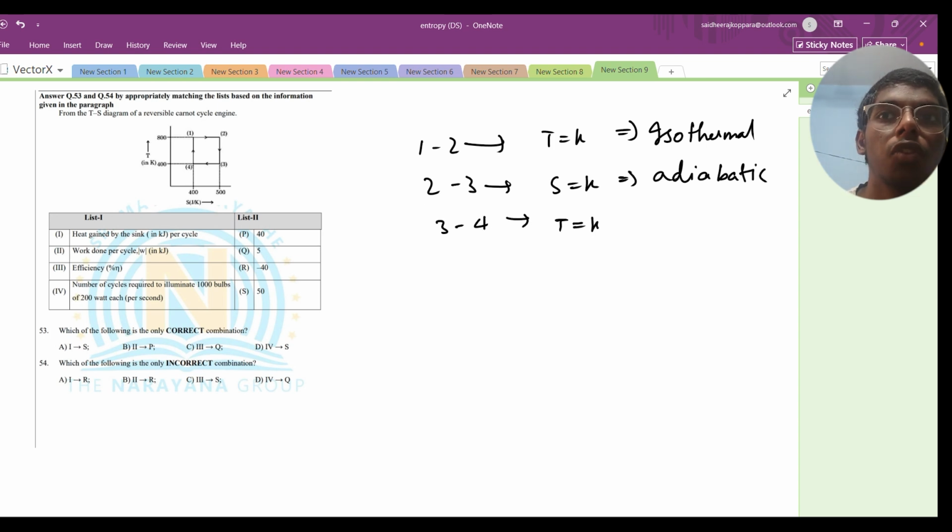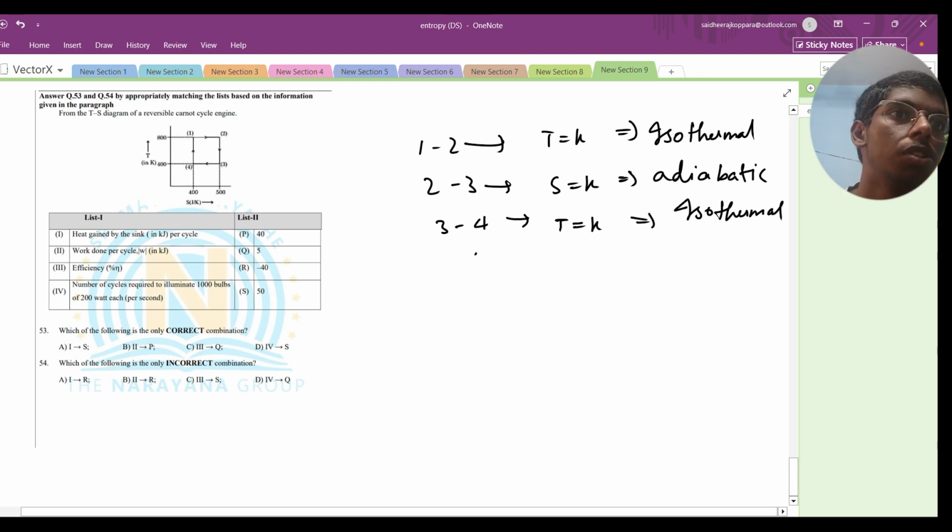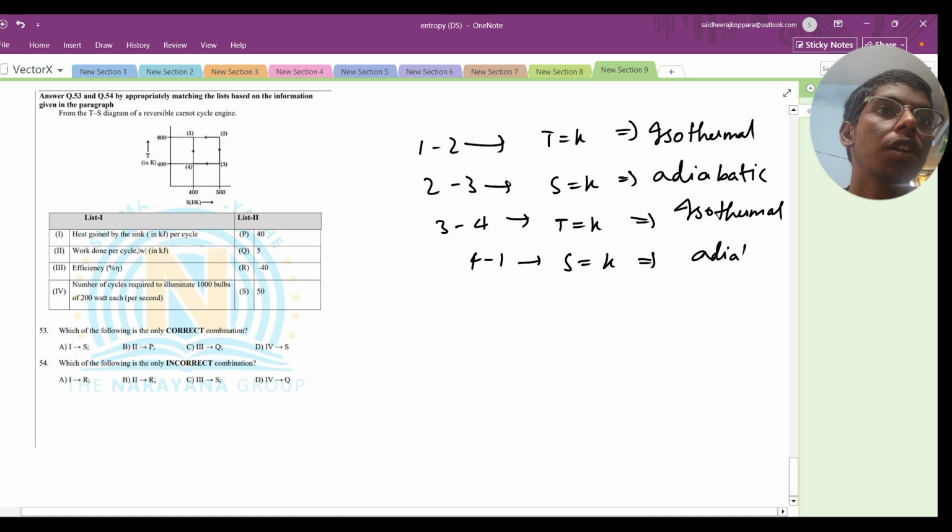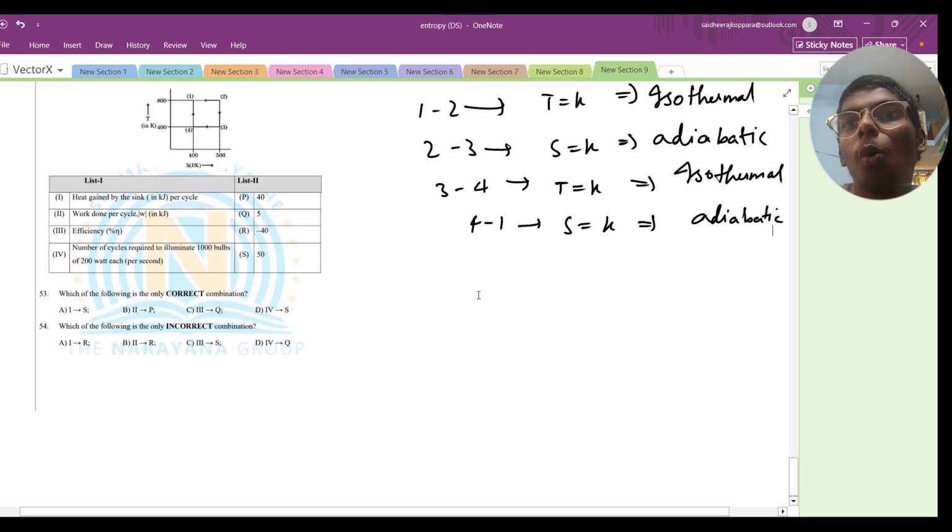From 3 to 4, temperature is constant, which is again isothermal. And from 4 to 1, entropy is constant, which is again adiabatic. Okay, that's it.